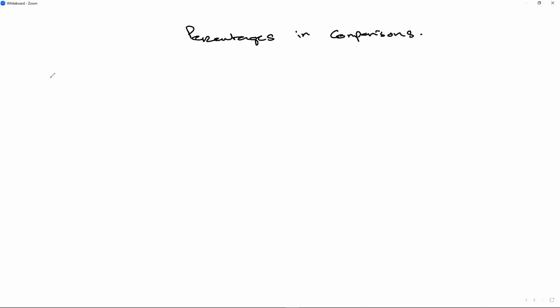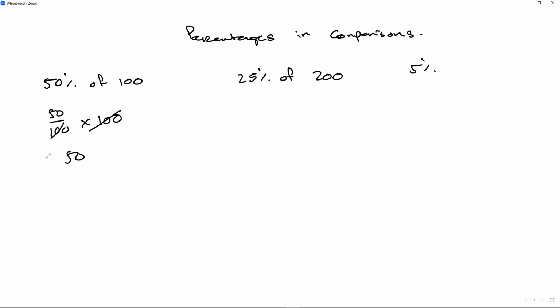Let's suppose I've got 50% of 100, 25% of 50, or let's say 25% of 200, and 5% of... So we're going to go 50% of 100, we know is going to be 50 over 100 times 100, which comes to 50.